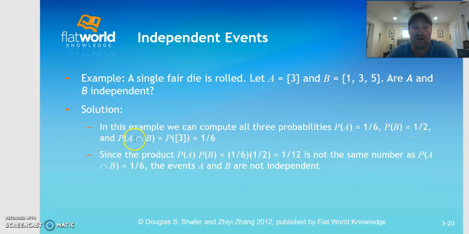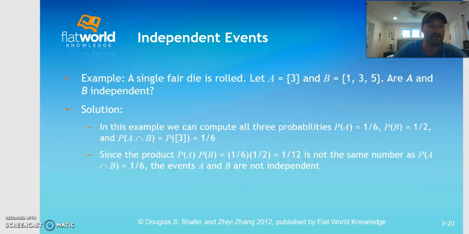And the probability of A intersection B is also going to be the probability of 3, which is 1/6. Since the probability of A times the probability of B equals 1/6 times 1/2, which equals 1/12, and it is not the same number as the probability of A intersection B, then the events A and B are not independent.